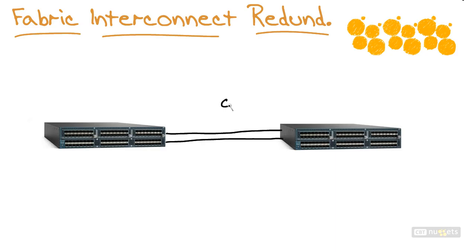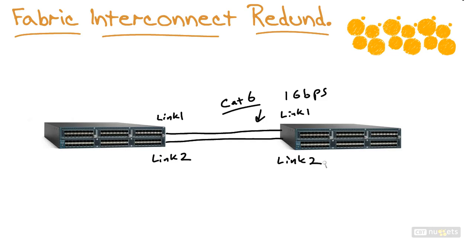We use Cat6 cabling at 1 gigabit per second in order to pull that off on each of these links. We have a link 1 port, we have a link 2 port, and we connect those back to back on our Fabric Interconnects. We could certainly use one link between the two, but that would make no sense whatsoever from a redundancy perspective. So let's utilize those multiple links.